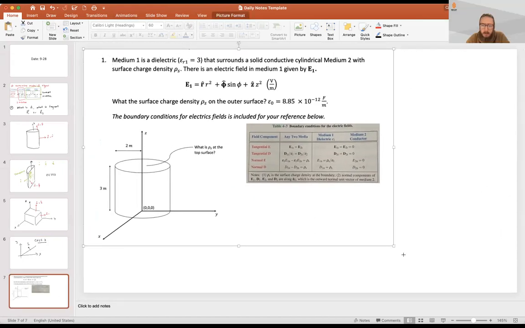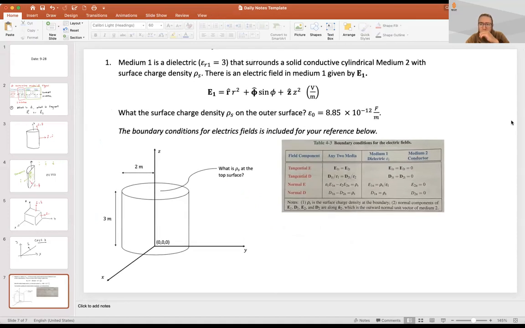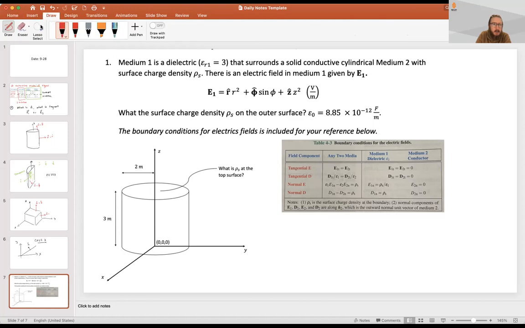All right, this is the problem, and it says medium 1 is a dielectric that surrounds a solid conductive cylinder, medium 2. Let's read this and break it into two parts. Material 1 is a dielectric that surrounds a solid conductive cylinder.